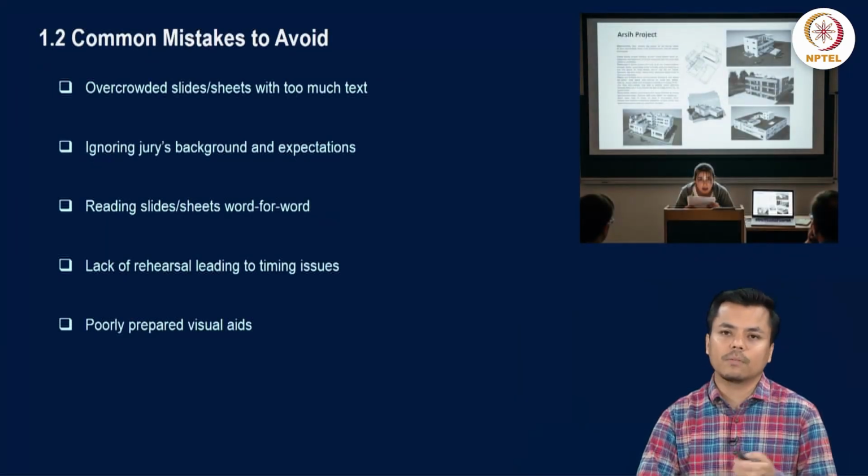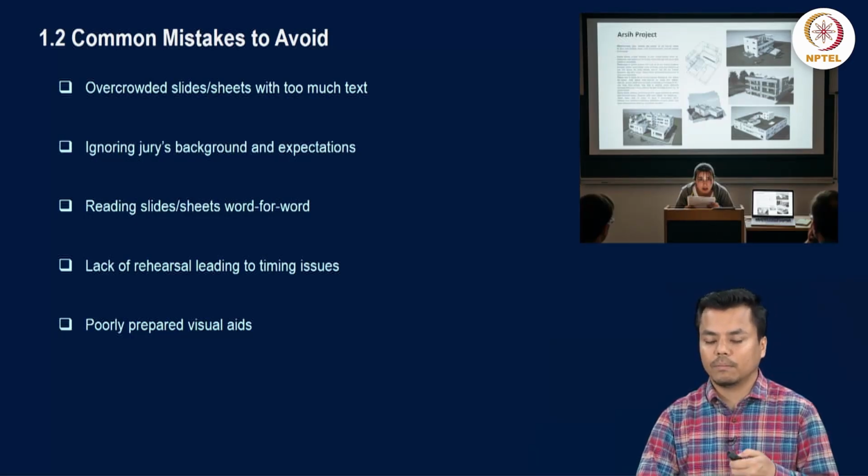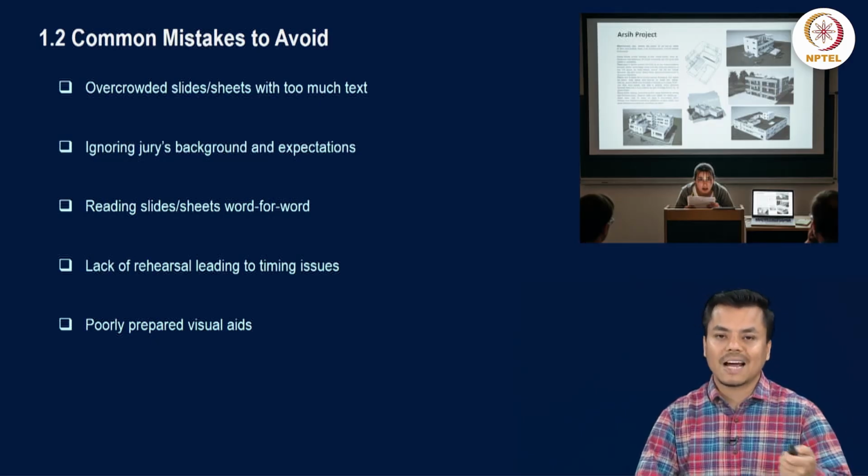Now let us check the common mistakes that are generally observed during the presentation and how to avoid them. First is overcrowding the sheets with too much text. You have to maintain a balance of text and figures or images. Ignoring the jury's background and expectations, as explained at the start of the very first presentation, is another.